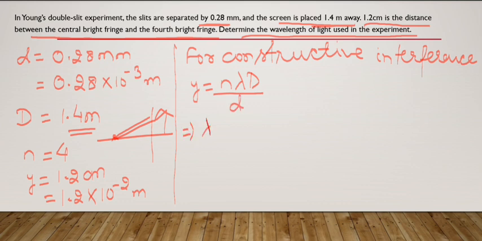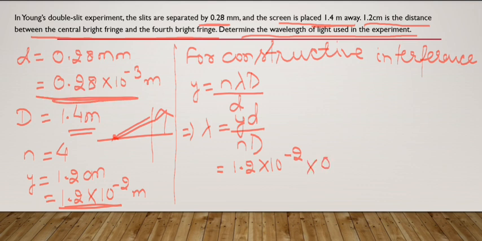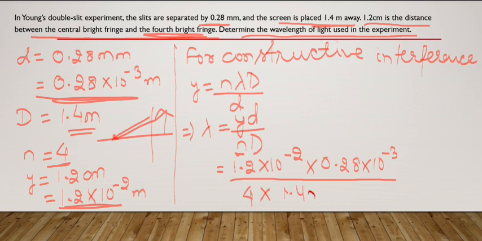Here lambda can be written as y multiplied by small d divided by n multiplied by capital D, which can be written as the value of y is equal to 1.2 into 10 to the power minus 2, and the value of small d is 0.28 multiplied by 10 to the power minus 3, divided by the value of n is 4, because here it is forming the fourth bright fringe, that is 4 multiplied by capital D, which is equal to 1.4 meter.